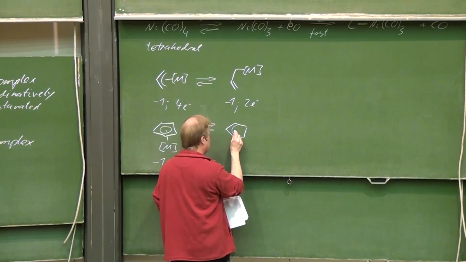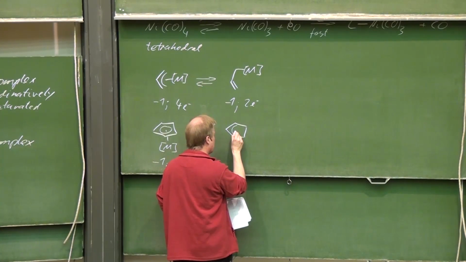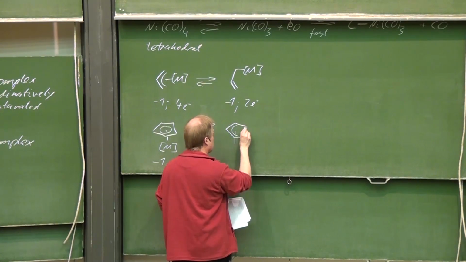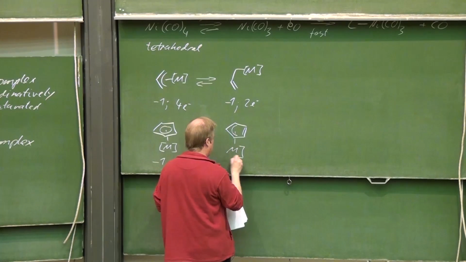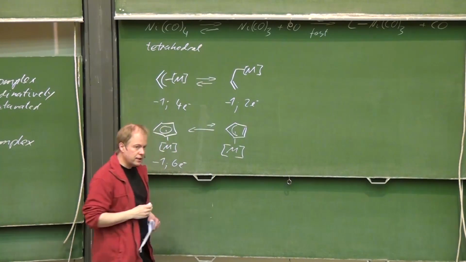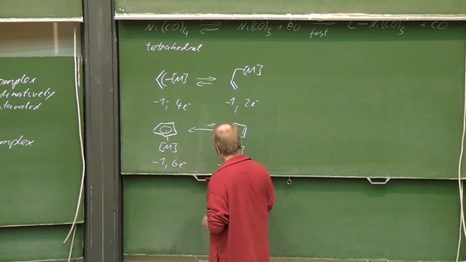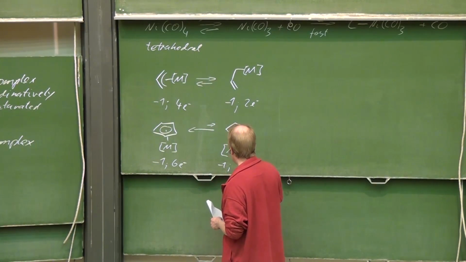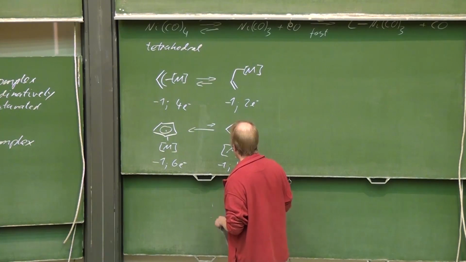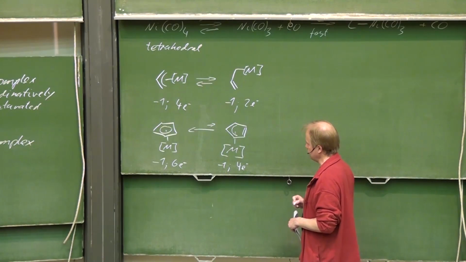From eta-5 cyclopentadienyl complex to an eta-3 cyclopentadienyl complex, -1, 4 electrons.